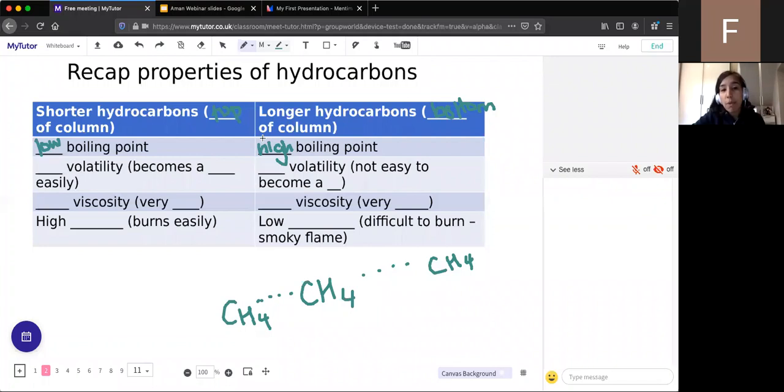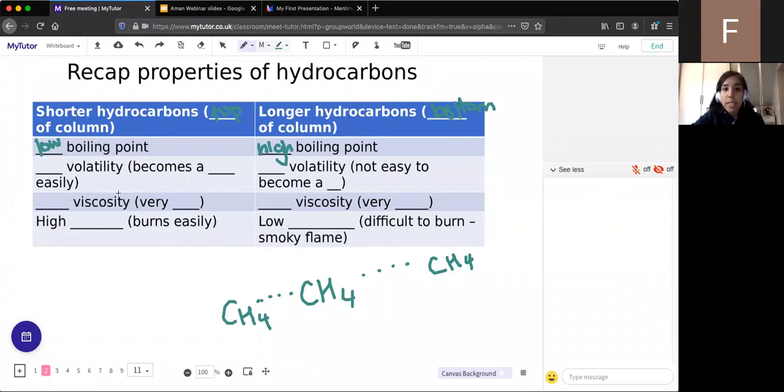If you remember a couple of weeks ago when we looked at covalent bonding, I said that the longer the molecules are, the more intermolecular forces there are, and therefore the stronger they are. So even though intermolecular forces are weak, if something is longer and there are more of them, that will increase the energy required to overcome those forces. That's why the longer hydrocarbons have a high boiling point.